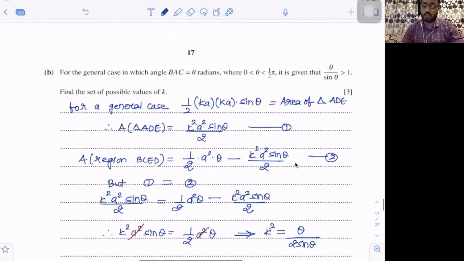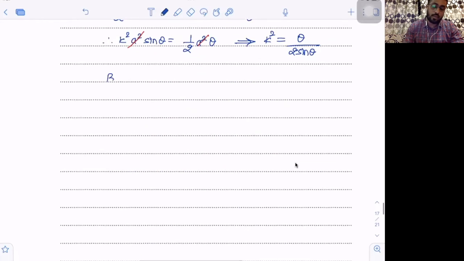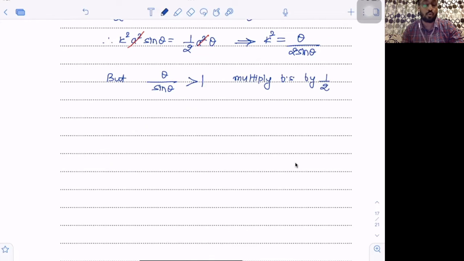But what is told about theta upon sine theta? It is greater than 1. So I can multiply both sides by 1 upon 2. Even if you multiply both sides by 1 upon 2, the inequality sign is not going to change.